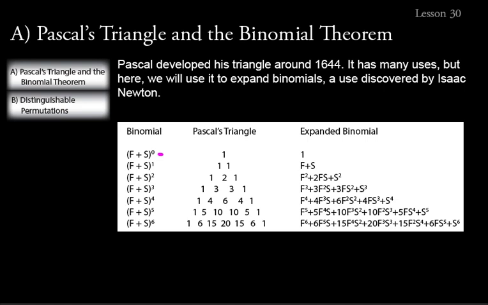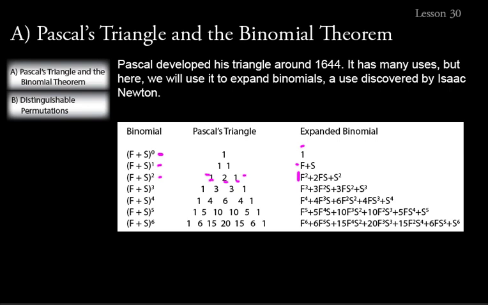Anything raised to the power of 0 equals 1, right? So the coefficient is 1, the expanded binomial is just 1 for that. Then the next row, f plus s to the first power. That would just be f plus s, right? Then f plus s to the second power, we have 1, 2, 1. So these terms are coefficients. 1, 2, 1.